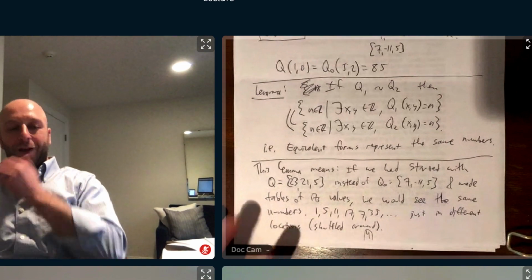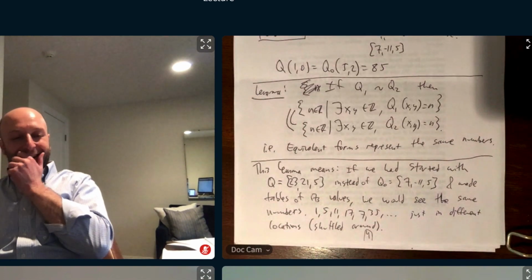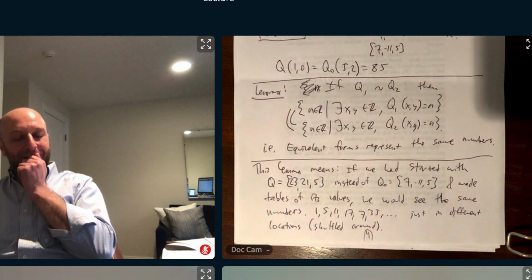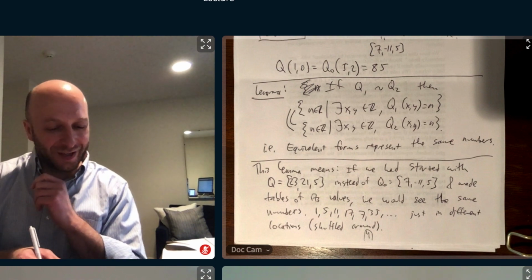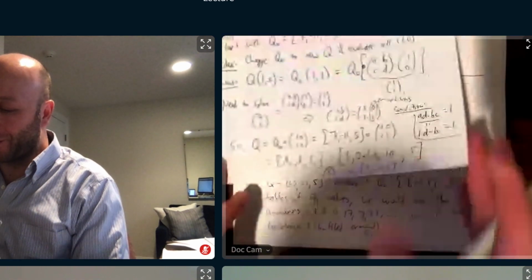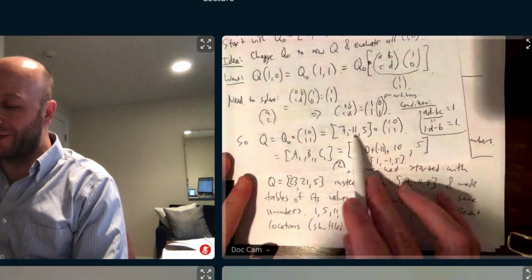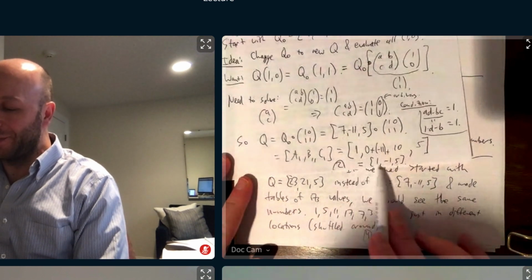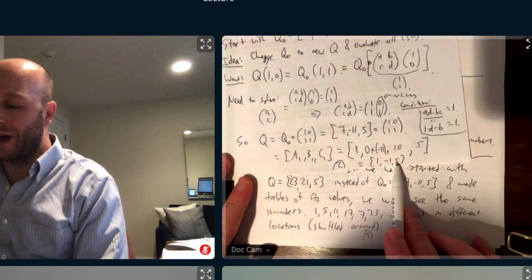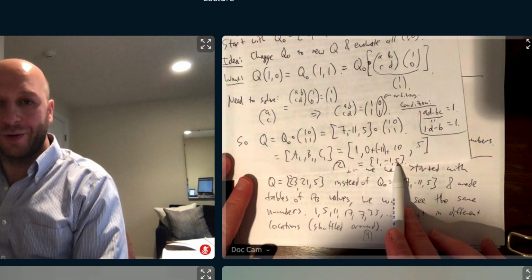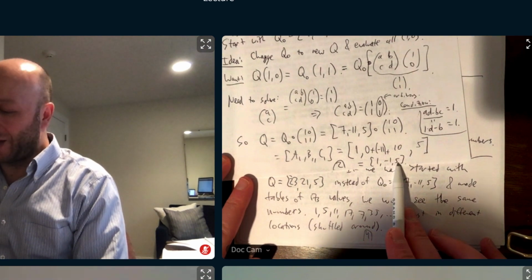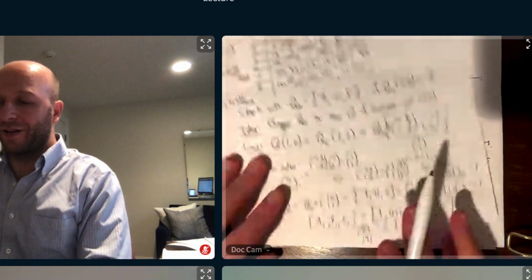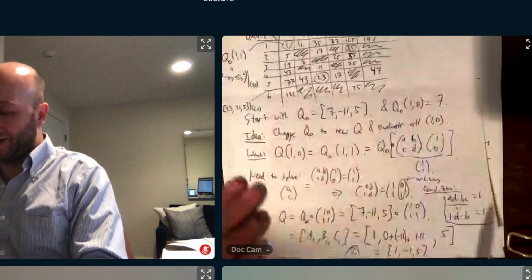In fact, that's another really good exercise. Let's think for a second. We had this other equivalent form. We started out with the form 7, negative 11, 5. But there was a simpler form, 1, negative 1, 5, that was also equivalent to it. And for that form, maybe it's not so hard to make another table that looks just like this.